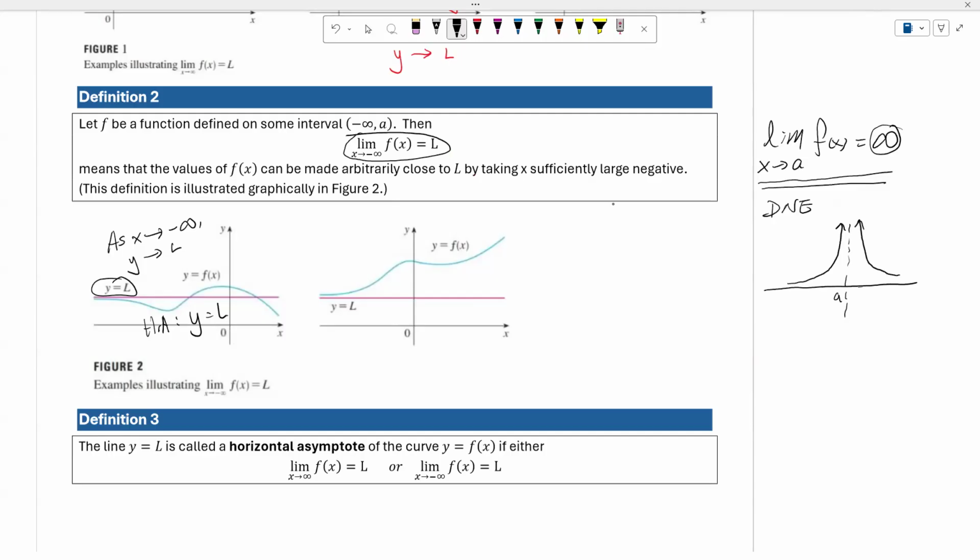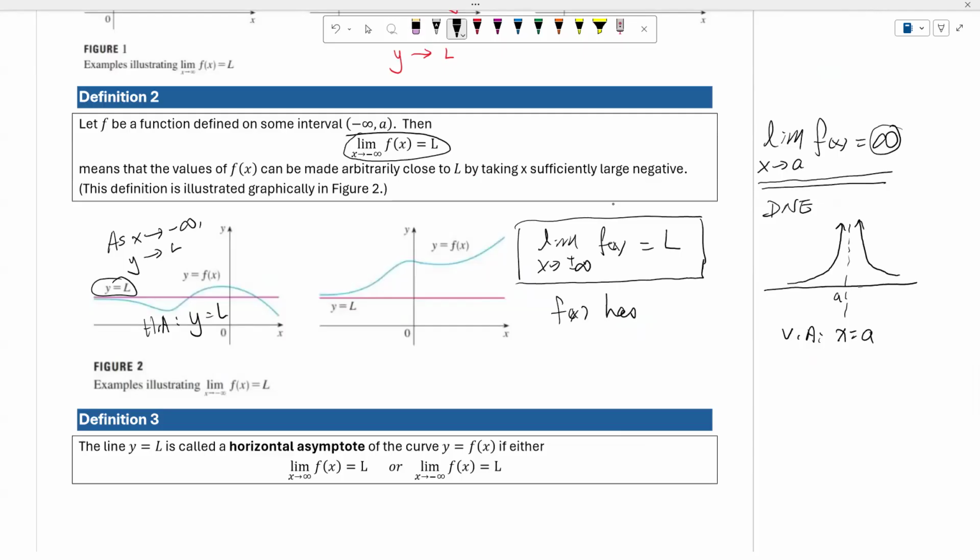This is related to the vertical asymptote at x equal to a. On the other hand, when the limit as x approaches positive or negative infinity of f of x equals a number L, in this case the limit exists, and we say that the function f has a horizontal asymptote at y equal to L.